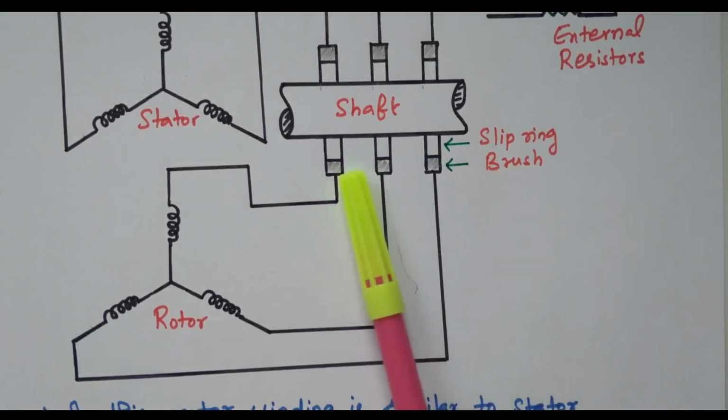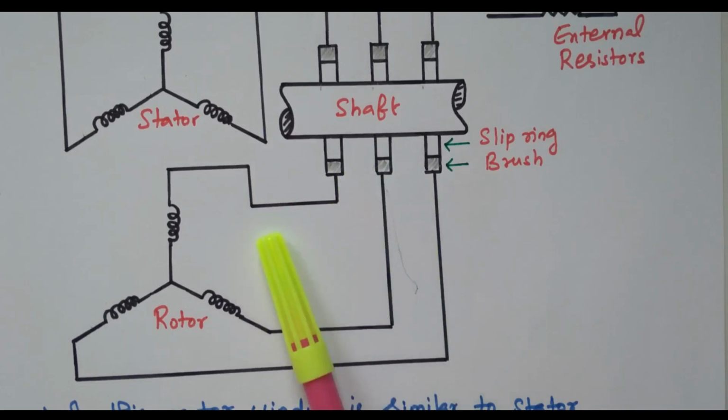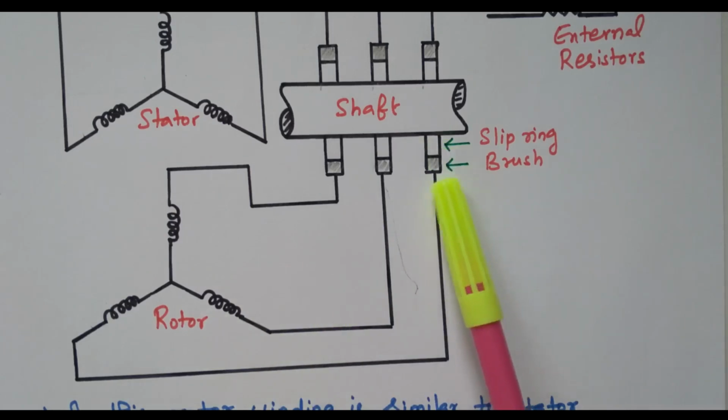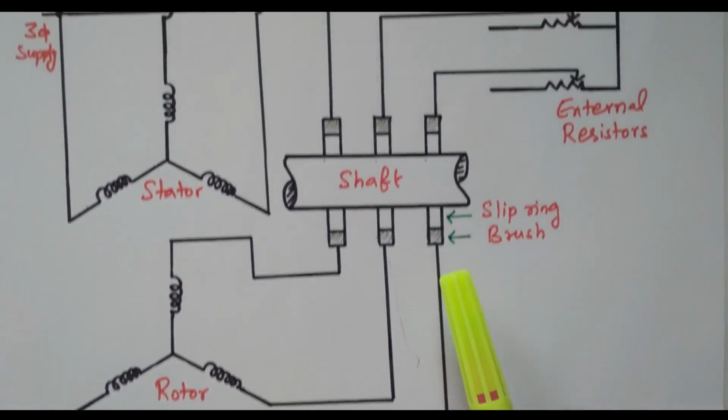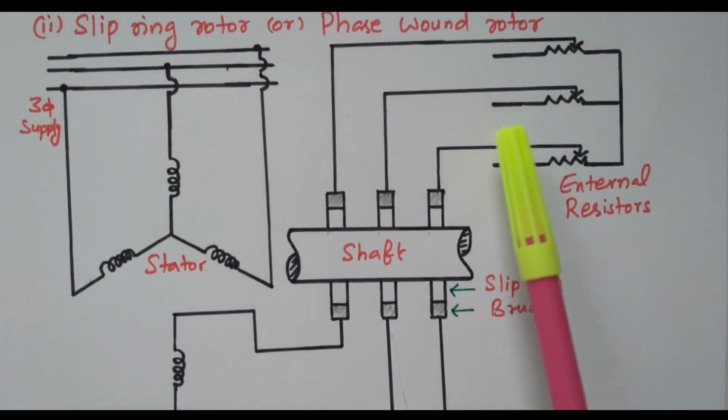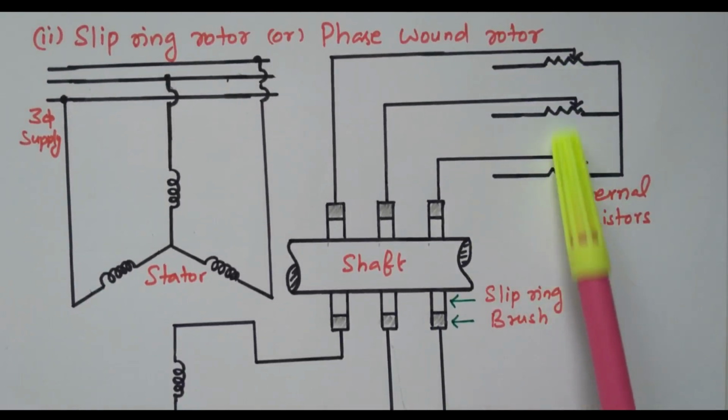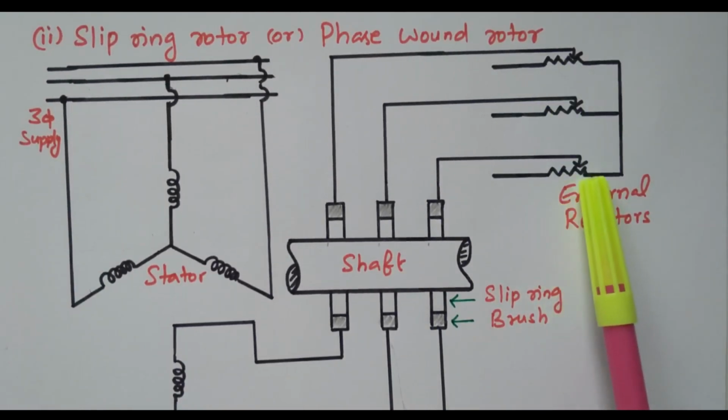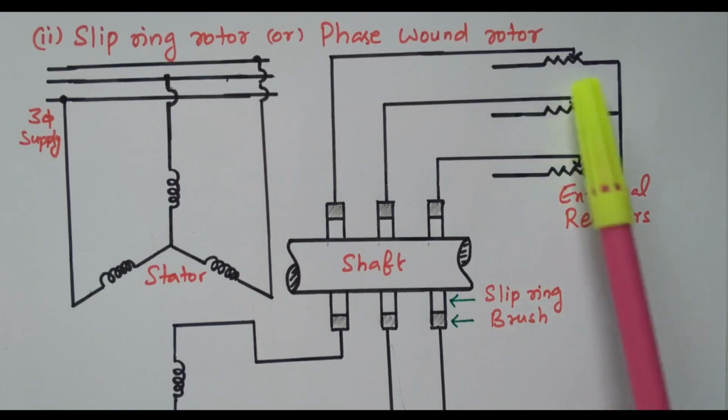The windings are placed in the rotor. In the previous case, the copper or aluminum or alloy bars were permanently placed, but here windings are placed. The supply to the winding is given through the slip ring and brushes. At the other end we can easily add a resistor. This is the external resistance, and it is in the maximum resistance position.